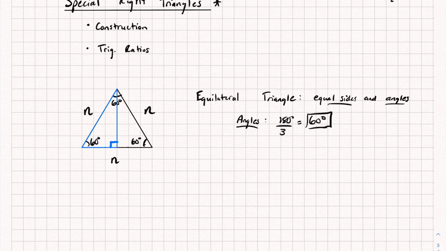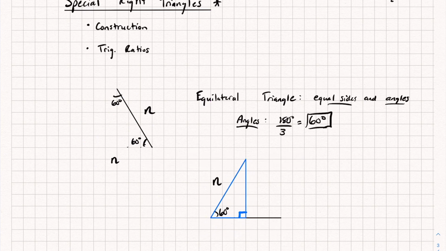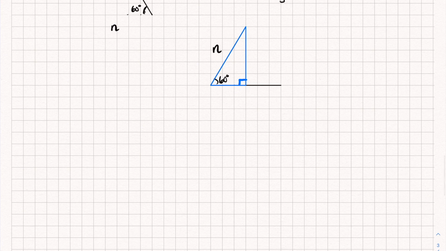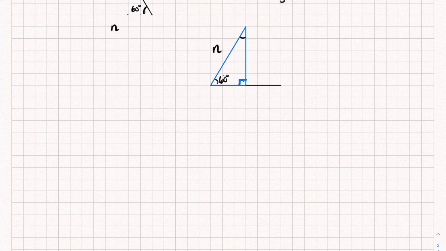And what I'm going to do is take this one and bring it out so we can actually look at it. So I'm going to put it right here. So I have this right triangle now where this angle is 90 degrees. This angle is 60. Well, that means that this angle up here in the top has to be 30.